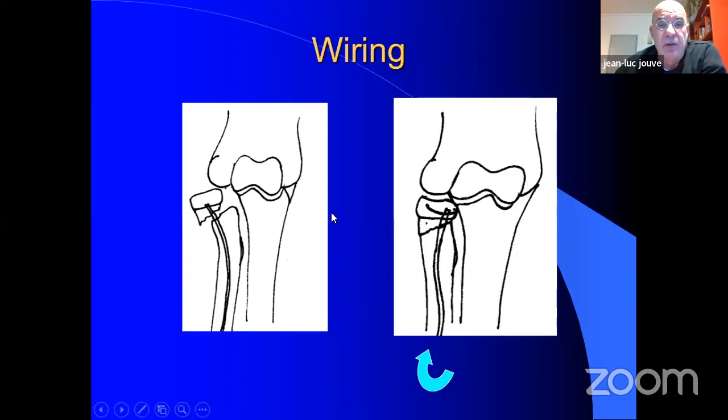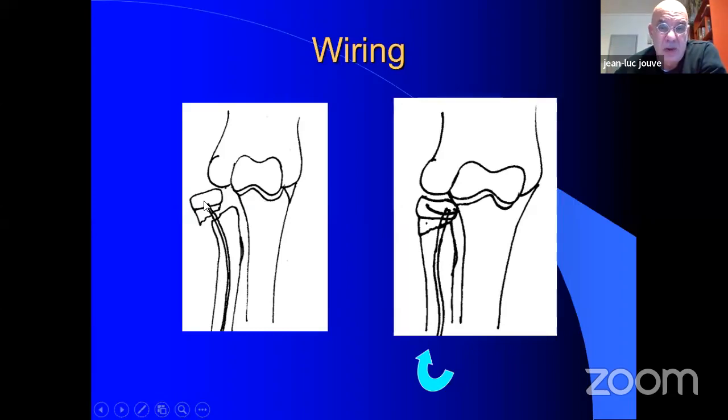And if not possible, it is easy to do a wiring with the principle of elastic intramedullary wire. You introduce the wire in the metaphysis, and you push the wire into the radial head.